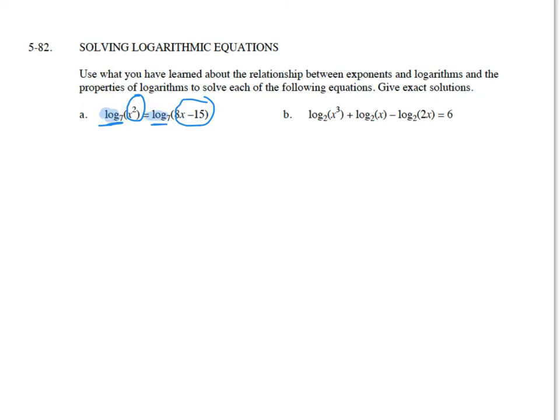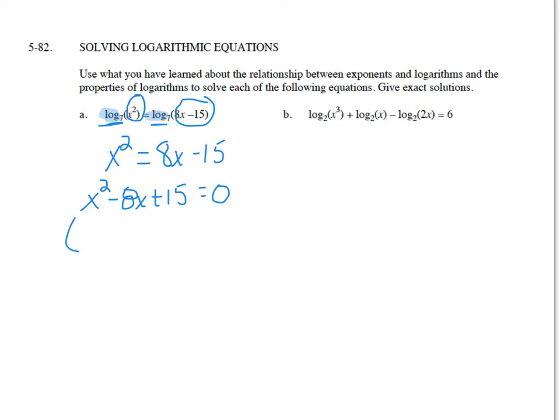So let's get rid of that operation and just write this as x squared equaling 8x minus 15. Now I'm going to take x squared, subtract 8x from both sides, add 15 to both sides, and that equals 0.